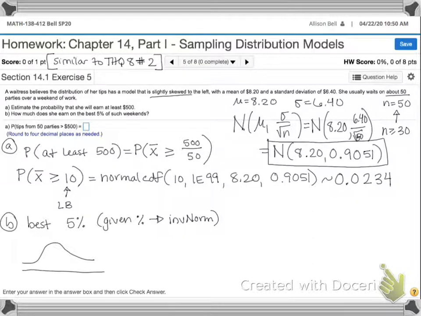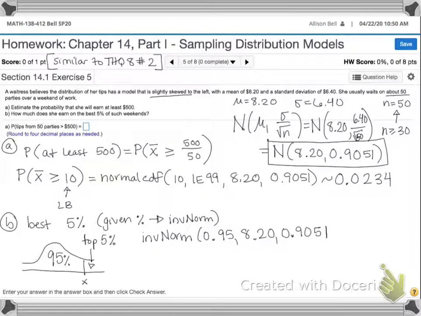So best 5% is the same as talking about the top 5%, which means that if we subtract from 100, what we have on the left is the bottom 95%. So this would be an inverse norm problem where I put my percent as a decimal first, the mean of 8.20 and the standard deviation of 0.9051, and we figure out what our dollar amount is for each individual table.